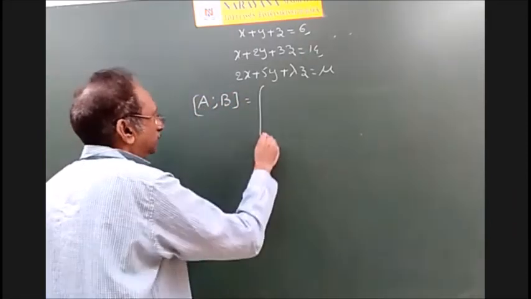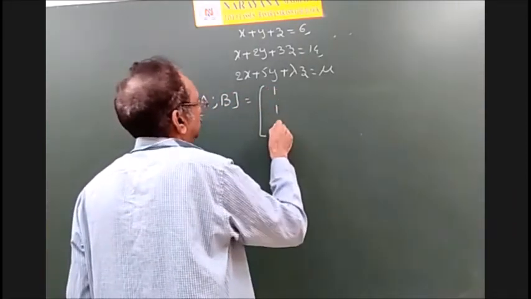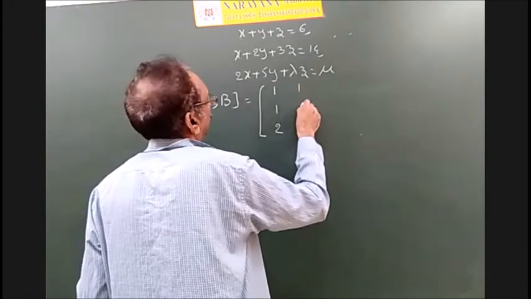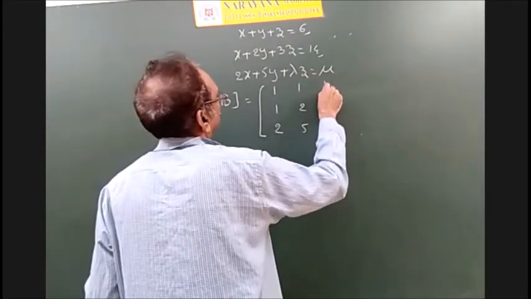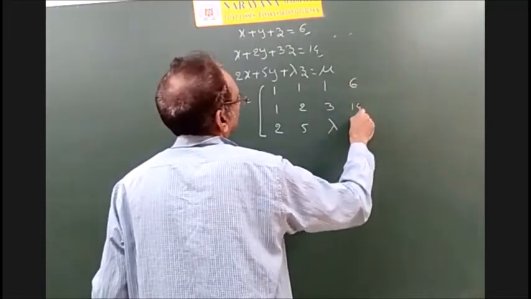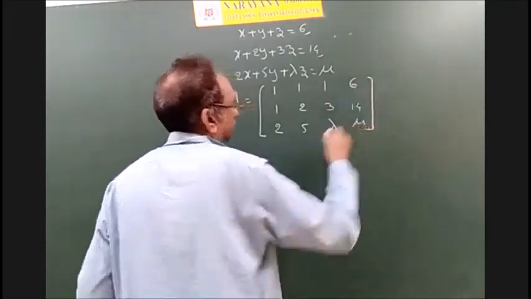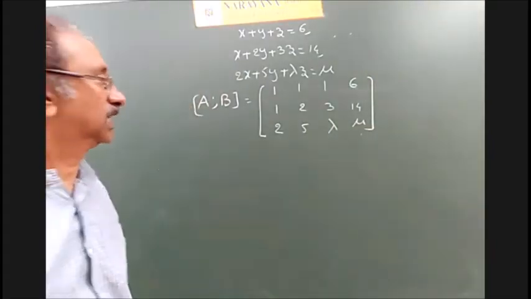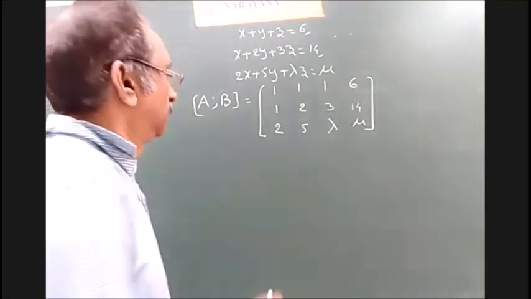So what is meant by augmented matrix? X coefficients, y coefficients, z coefficients, and constants. Now we convert this into echelon form.